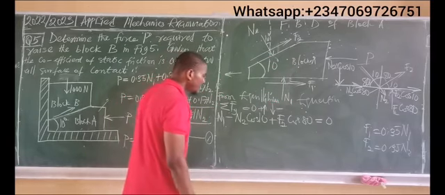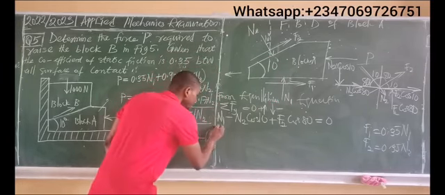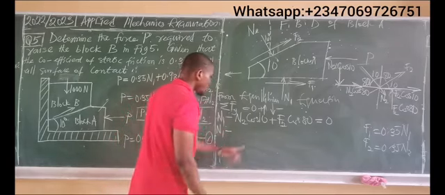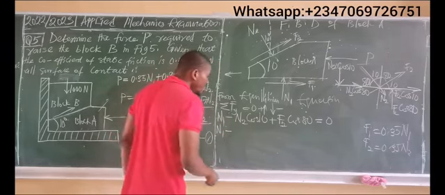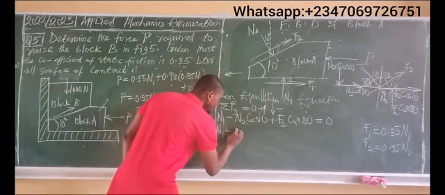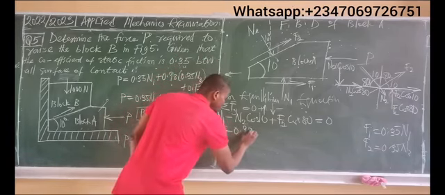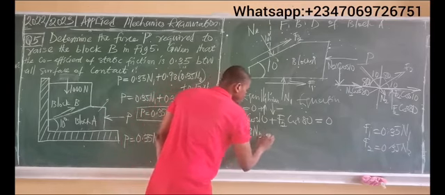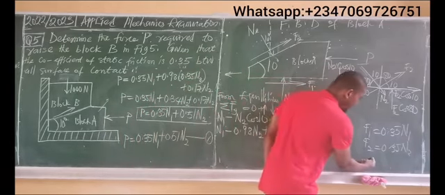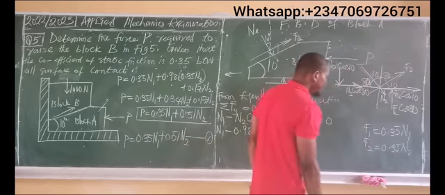So you have N1 minus N2 cos 10, and we obtained cos 10 earlier as 0.98. So this becomes 0.98 N2, plus F2, and remember we obtained F2 as 0.35 N2.